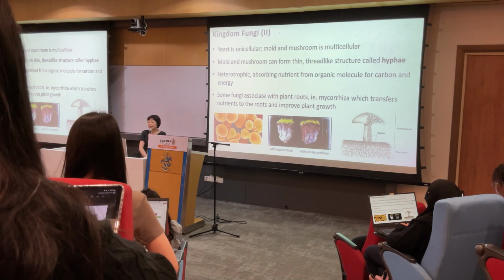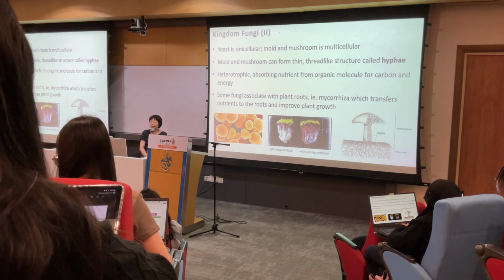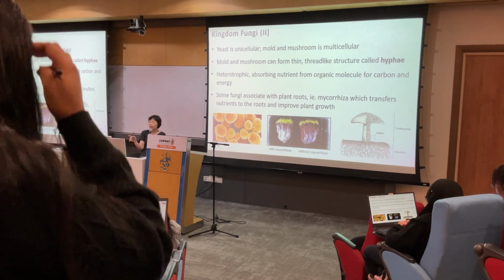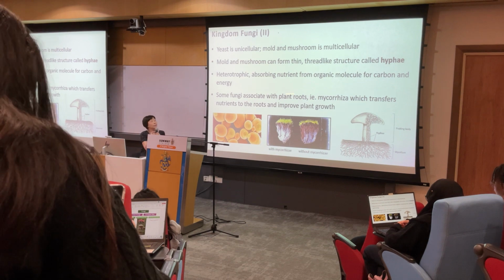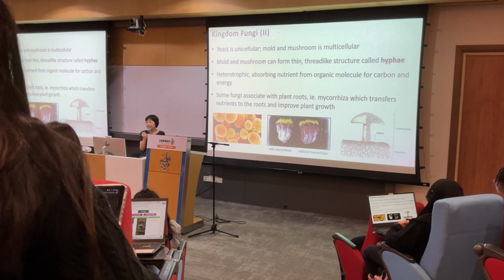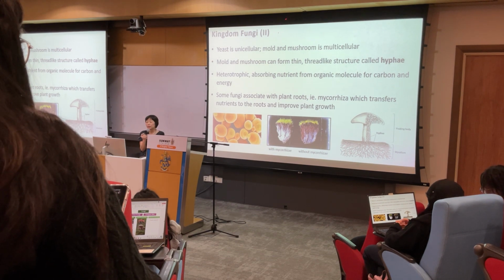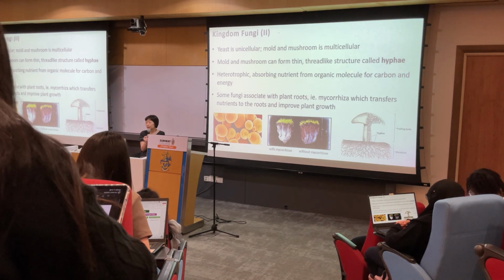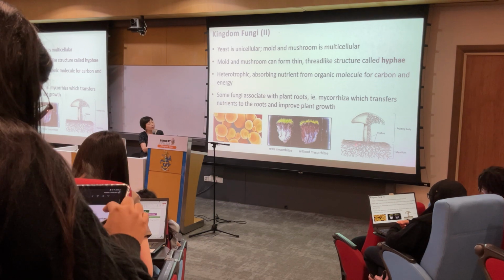Now, just some characteristics of the fungi. Yeast is unicellular, as I mentioned. Mold and mushroom are multicellular. And there is a very clear characteristic for mold and mushroom: they form so-called hyphae. What is hyphae? Hyphae is something like that.